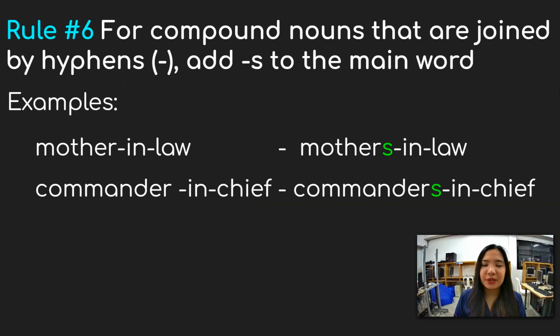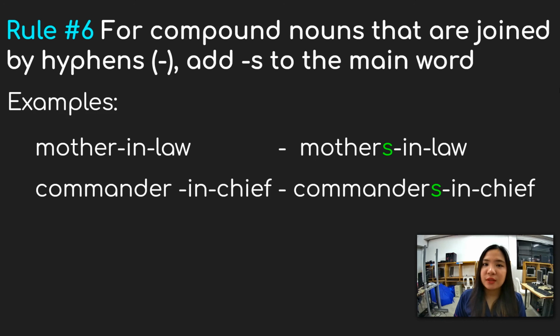For our rule number 6, for compound nouns that are joined by hyphens, add S to the main word or to the first word. For example, mother-in-law to mothers-in-law and commander-in-chief to commanders-in-chief.